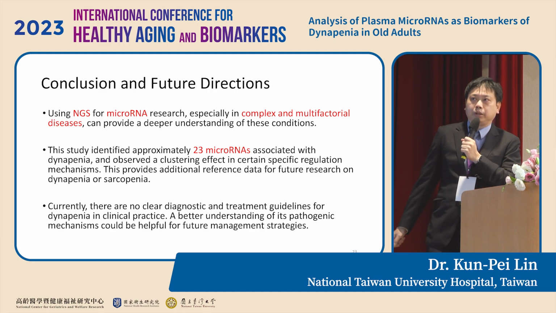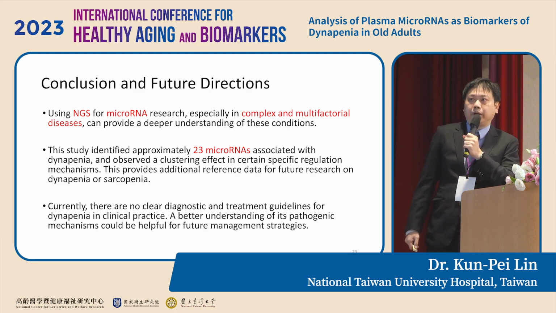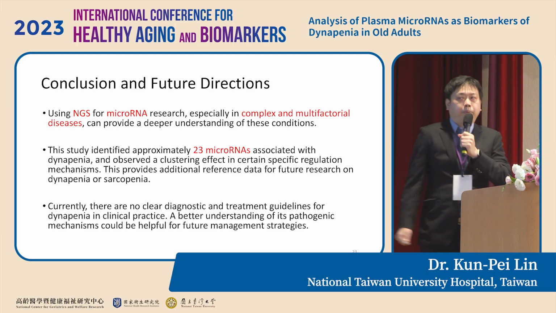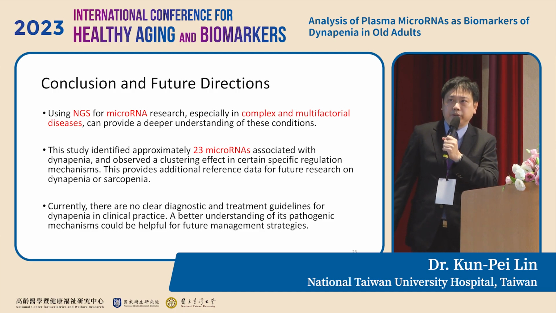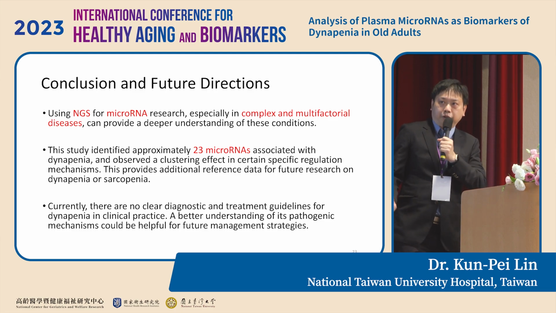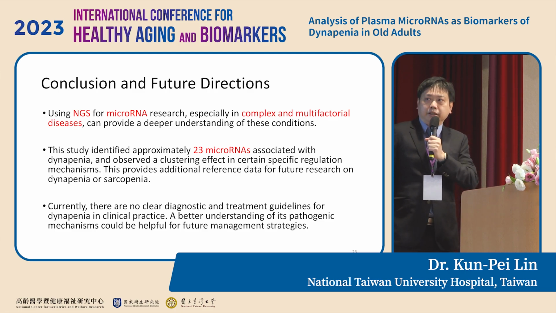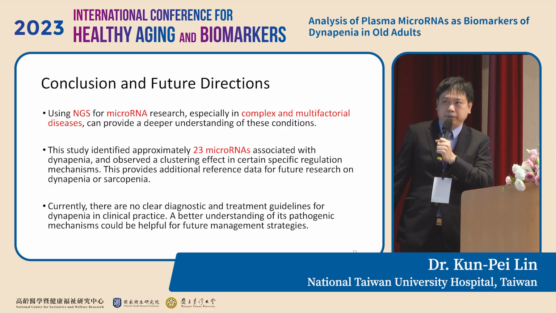This is our conclusion and the future direction. We're using NGS for microRNA research. We suppose NGS is a very good tool, especially for complex or multifactorial diseases, such as Dynapenia, Sarcopenia, or frailty. They can provide a deeper understanding of this condition or disease.